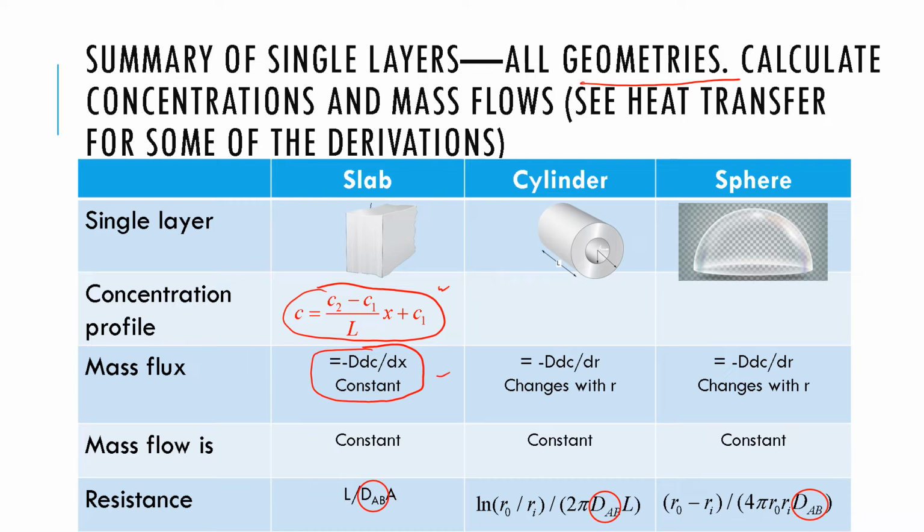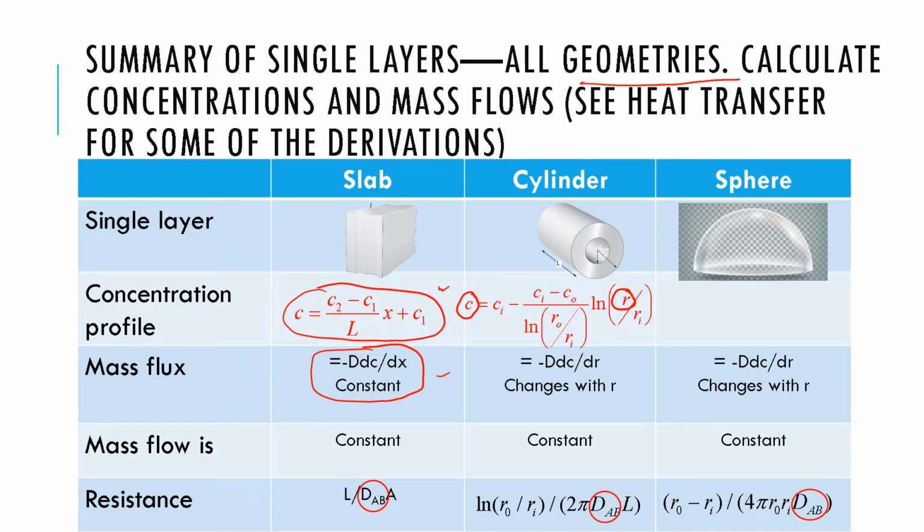can be followed in other geometries. And so if we do that for a cylindrical geometry, then we get concentration as a function of radius.